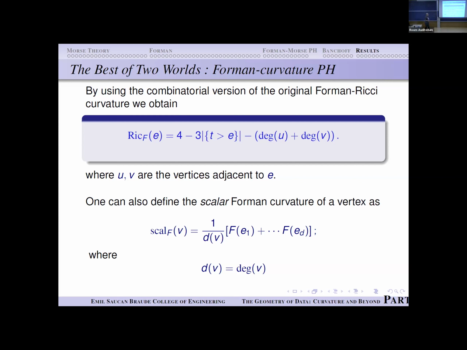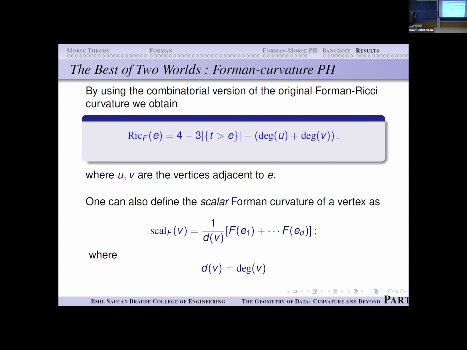So once you have a vertex, we saw you can define the scalar curvature at this vertex. It's just the Ricci curvature of the incoming edges divided by the degree, yes? So we saw that earlier.